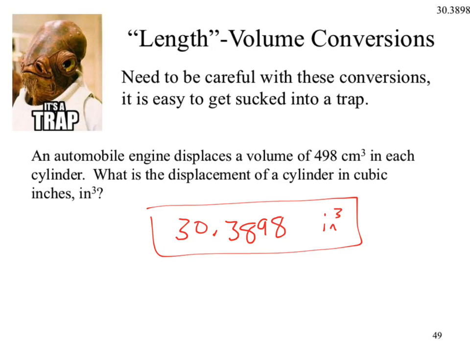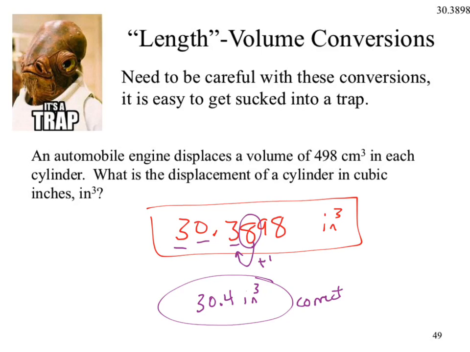What is wrong with this answer? Sig figs. How many sig figs am I allowed in my answer? 3. 1, 2, 3. My correct answer is 30.4 inches cubed. This one's correct. This one is wrong. Make sense?